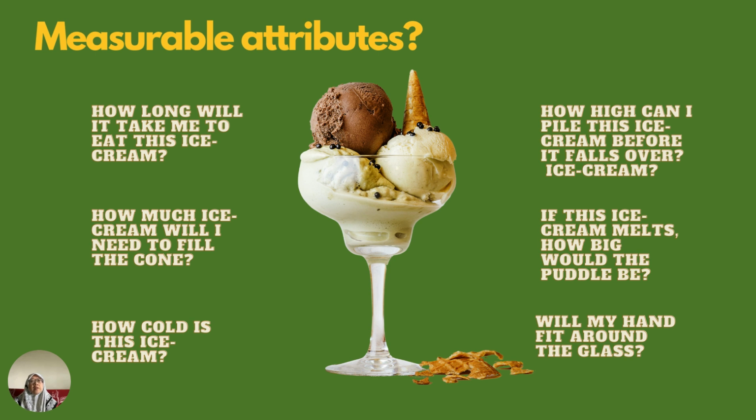Okay, let's look at measurable attributes. Okay, so we will go from right to left. Okay, right. The first one. How high can I pile this ice cream before it falls over?